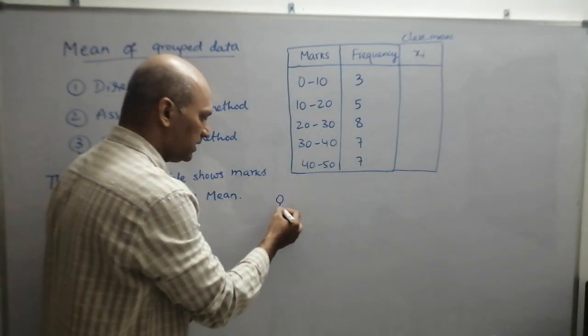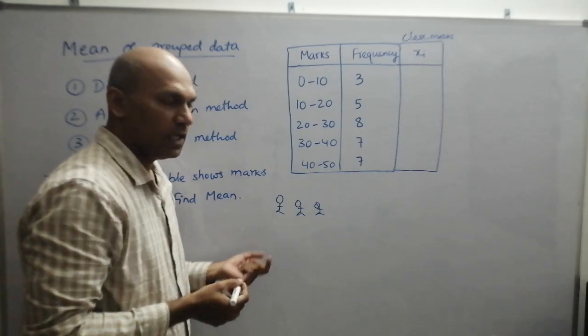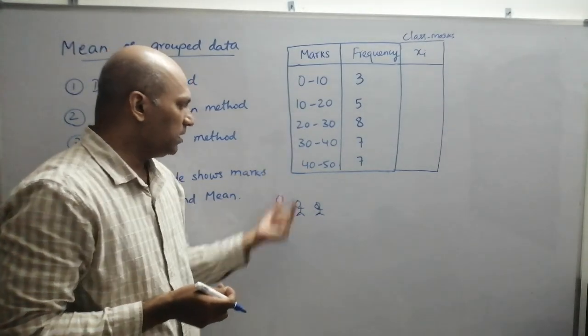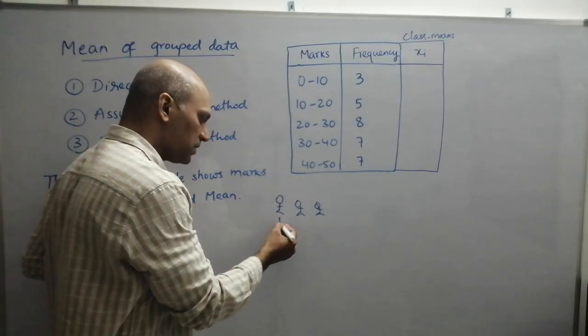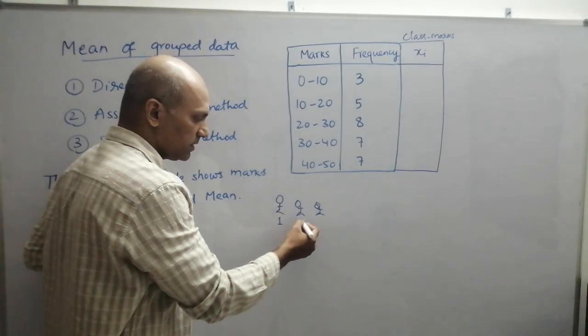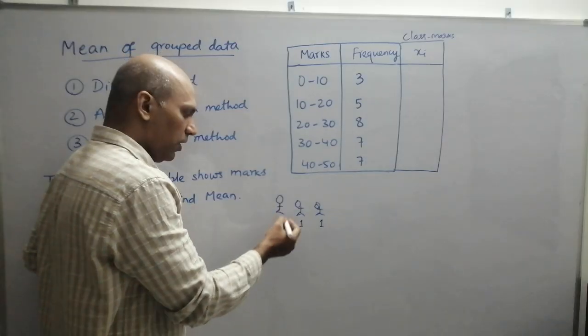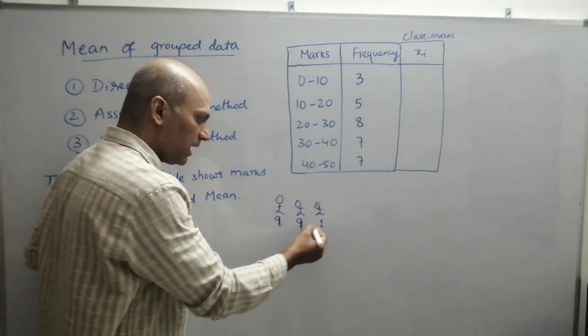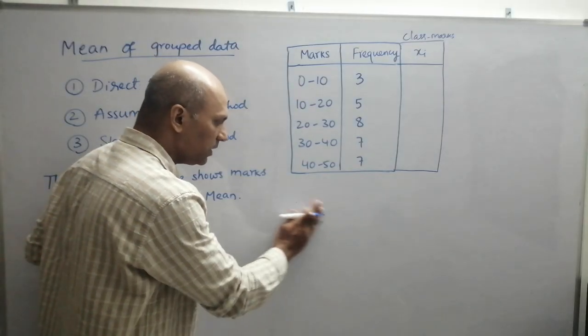So let us say these are the 3 students who got 0 to 10 marks. We don't know how many marks each individual student got, isn't it? Maybe the first student got 1 mark, second student 1 mark, third student also 1 mark, or maybe 9, 9 and 9 here, right? So we don't know exactly how many marks each student got.